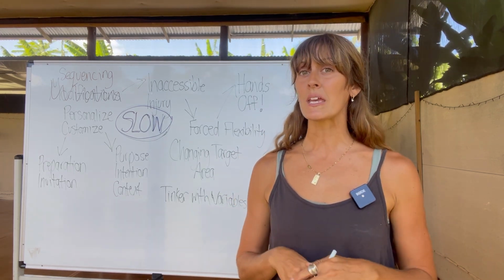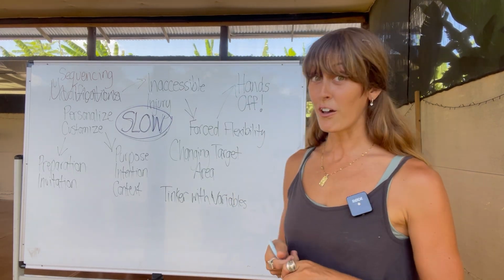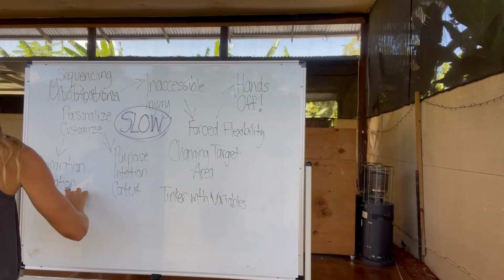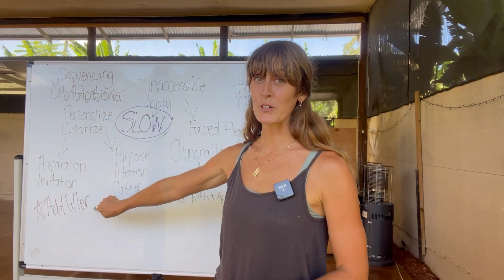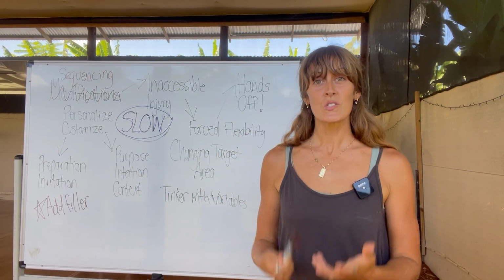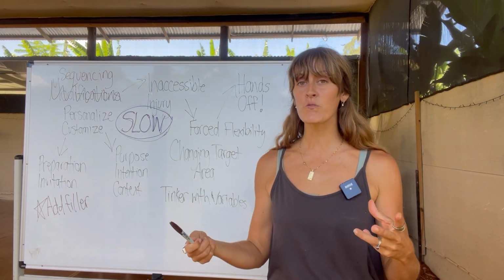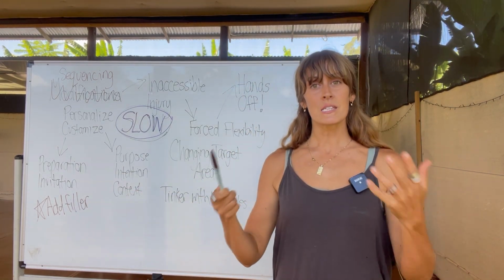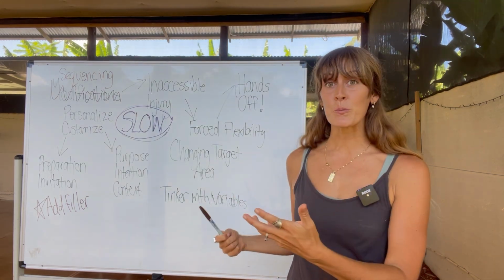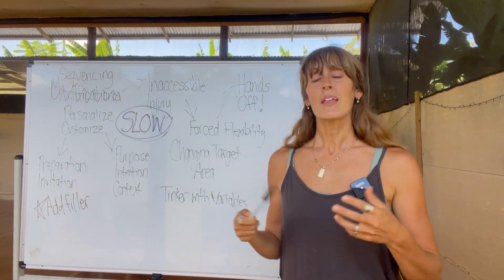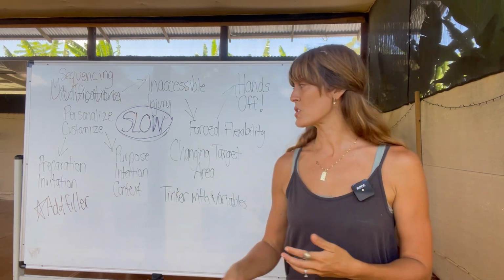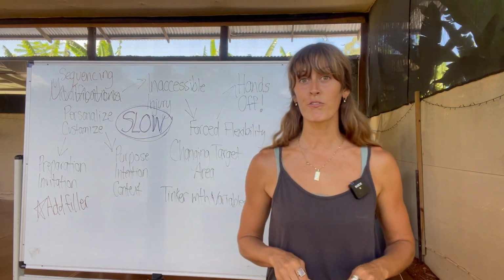And this leads me in to looking at what we often do in sequencing, which is adding filler. So if your sequence is more filler than it is purposeful, progressive, accessible, adaptable sequencing, then you want to make some changes so that it's not so much a filler.